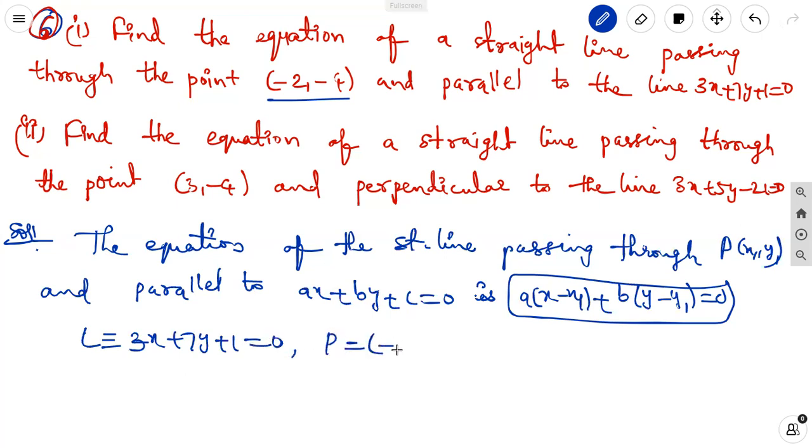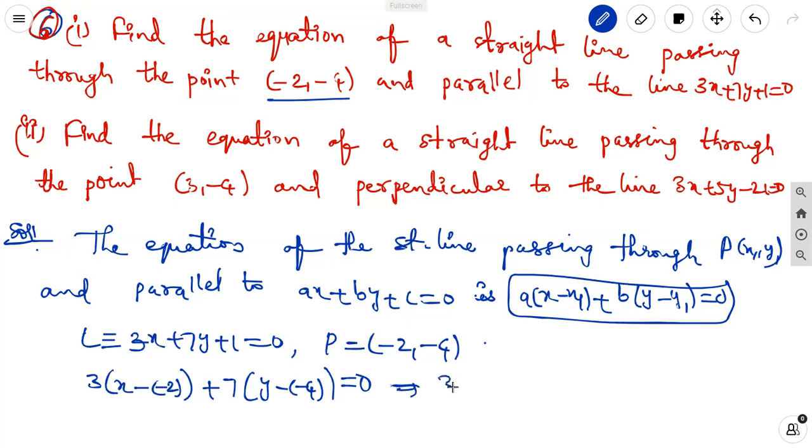P point is minus 2 comma minus 4. Here 3 into x minus of minus 2, that is x plus 2, plus 7 into y minus of minus 4 equal to 0.